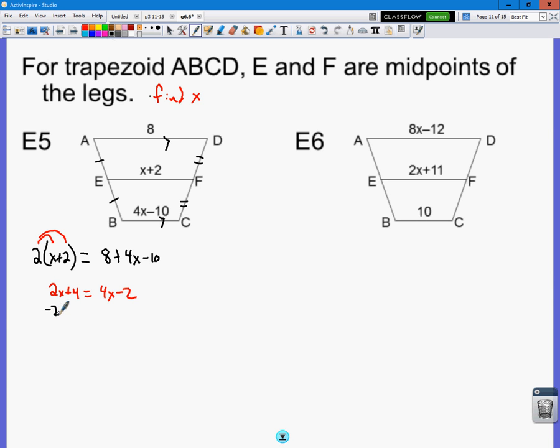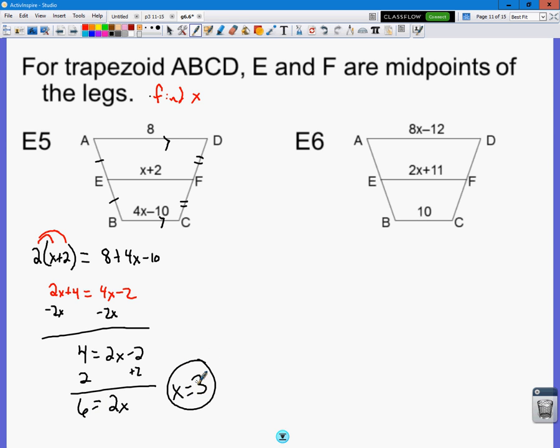Putting my x's together, I have 4 equals 2x minus 2. Adding 2, 2x is equal to 6, which means x is going to be 3.